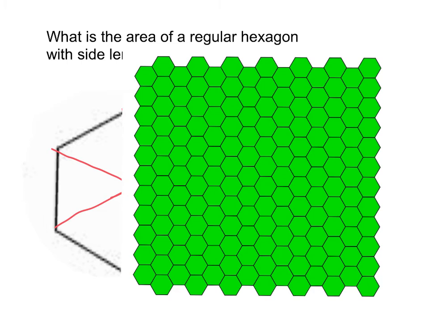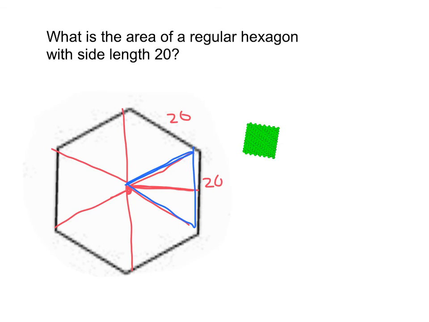So we see these shapes in honeycombs or in chain link fences or in all sorts of other real life situations. And the only reason that they come together and fit perfectly, whereas other regular polygons do not, other than the triangles and the squares, is because each of these triangles, such as the blue triangle here, is itself equilateral.